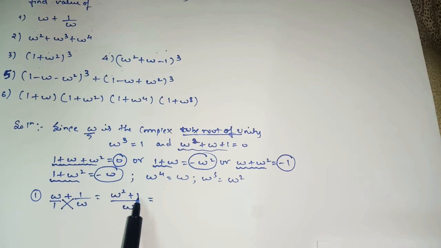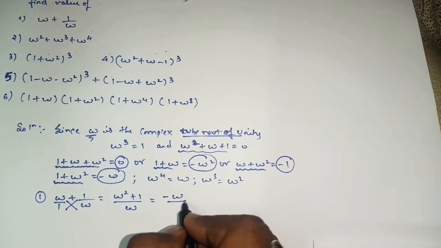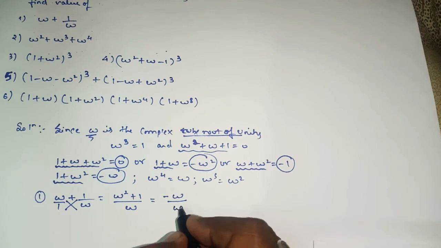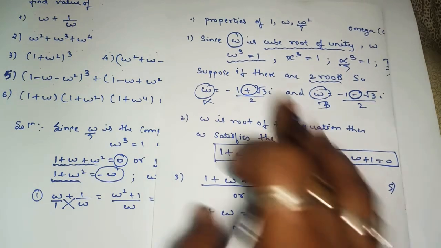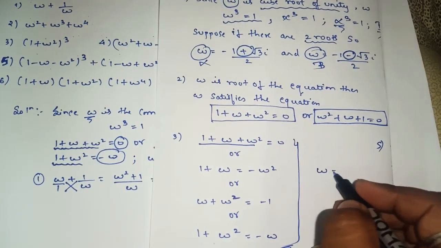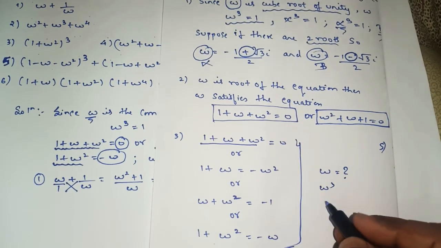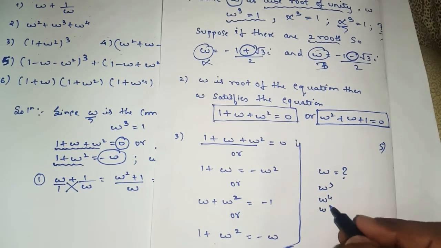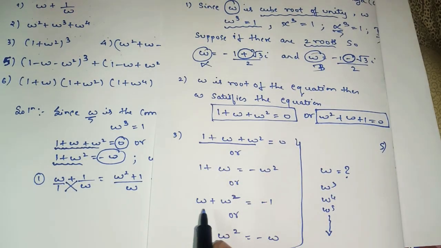As clearly we can see that w square plus 1 is actually minus w. And what about this w? Here we don't have any formula for only w. We have the formula only for w cube, w raised to 4, w raised to 5, and so on, and 1 plus w plus w square.